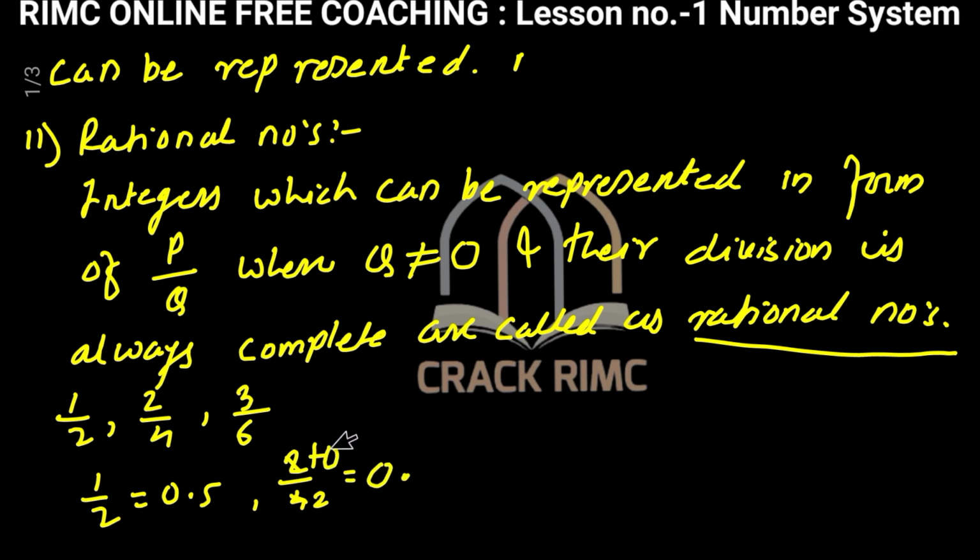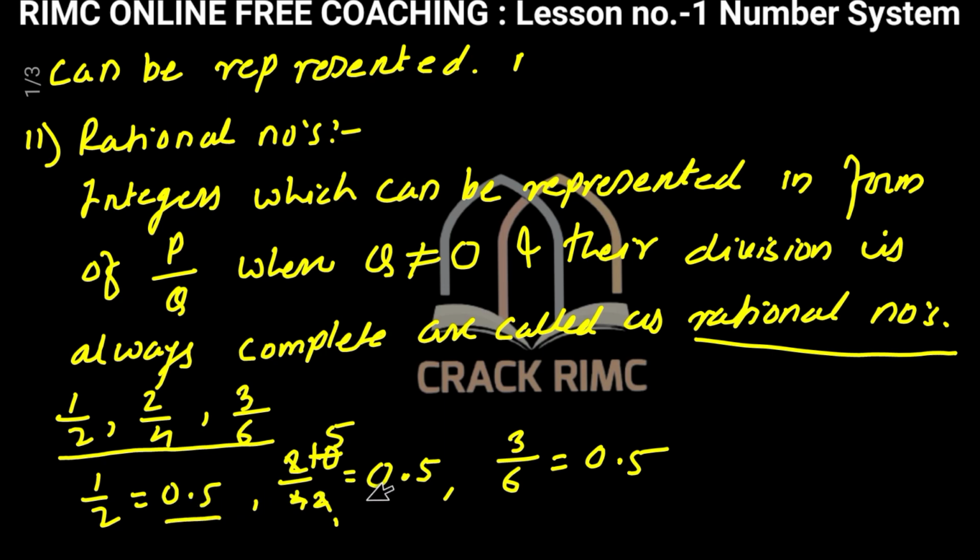Here we can take 10, 2 ones are 2, 2 fives are 10. Again 0.5. And in this case also 3 upon 6 is equal to 0.5. So what we understood is that in all these numbers division can be obtained. That means a certain answer is there. Okay, that's why we call these numbers rational numbers.